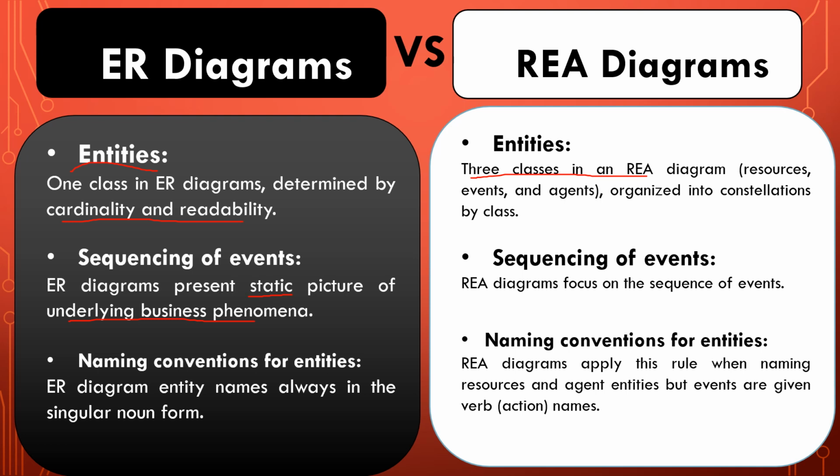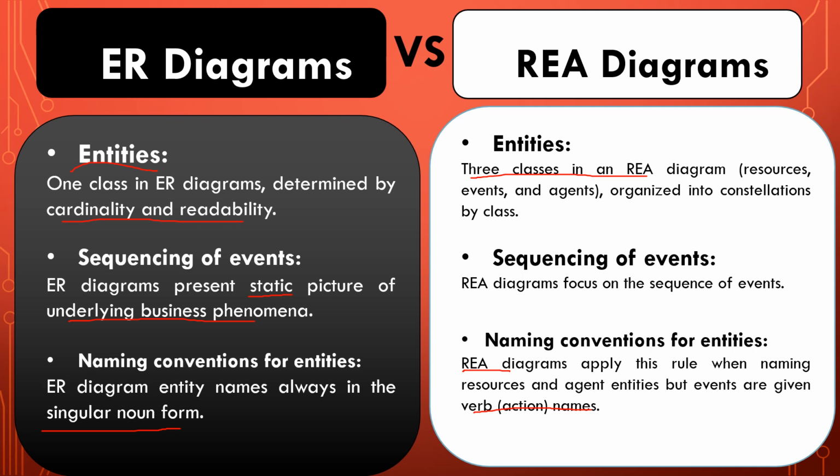And then the naming convention for entities: under the ER diagram, entity names are always in the singular noun form, whereas the REA diagram applies this rule when naming resource and agent entities, but events are given verb, activity, and action names.